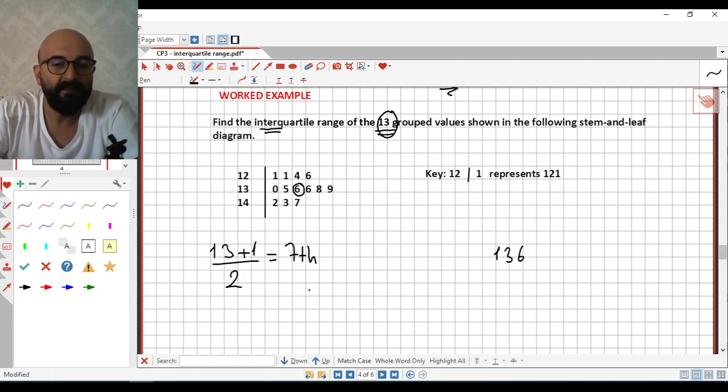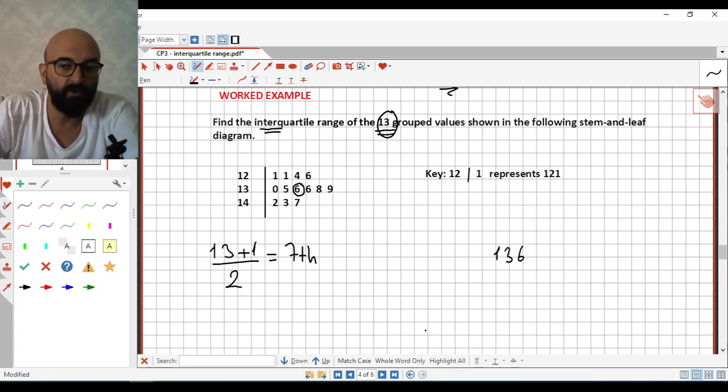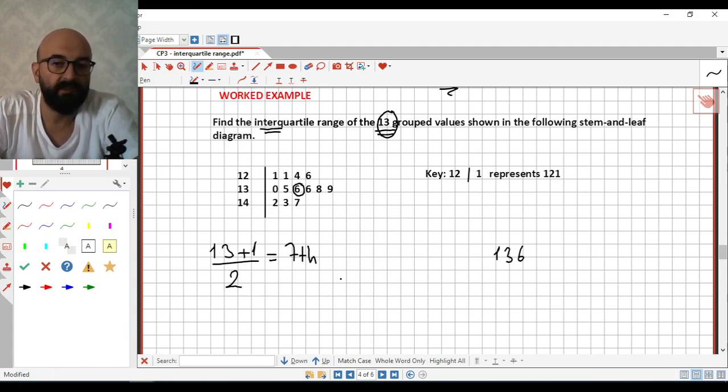The median is 136, and we have the left of the median: 2, 4, 6 values. So we have 6 values. If we want the lower quartile, we should find the middle of the 6 values.